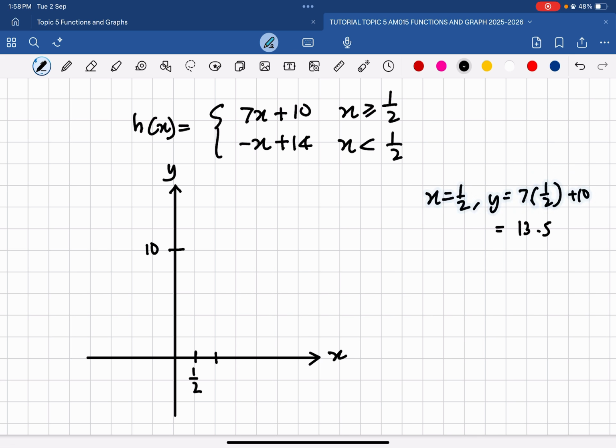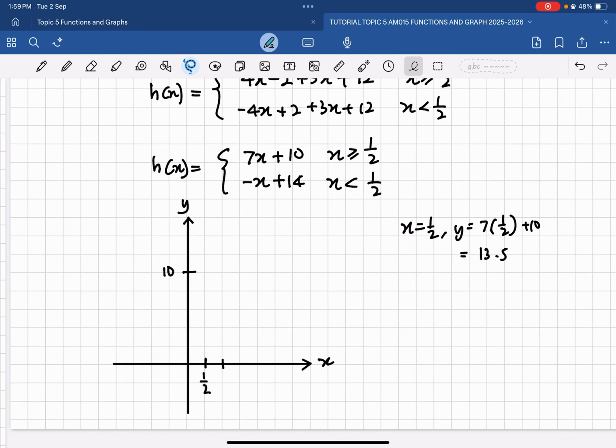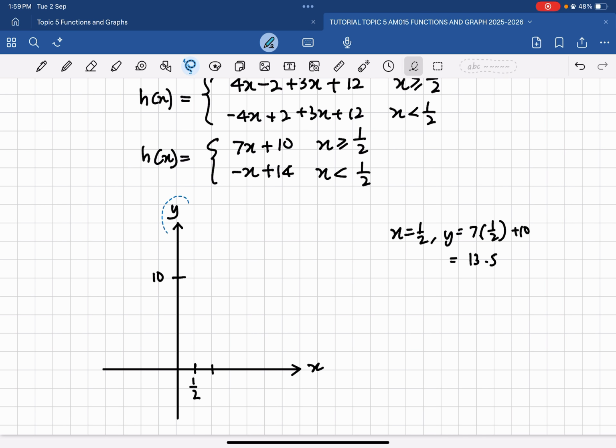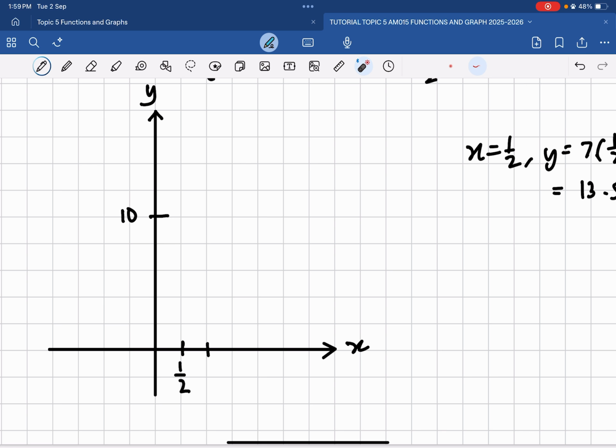So this is 12, 14, so 13.5 is somewhere about here.